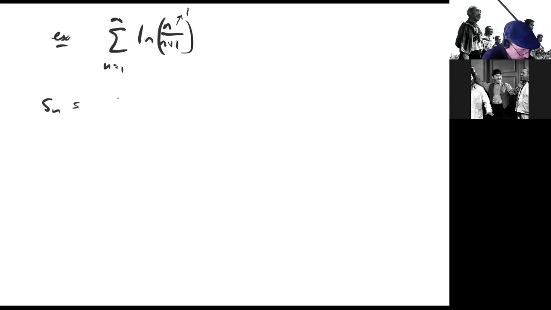So that would be the sum k goes from 1 to n of ln of k over k plus 1. And let's write out what that is. That's ln of 1 over 2 plus ln of 2 over 3 plus dot, dot, dot, plus ln of n over n plus 1. Now, the sum of ln's is ln of the product.